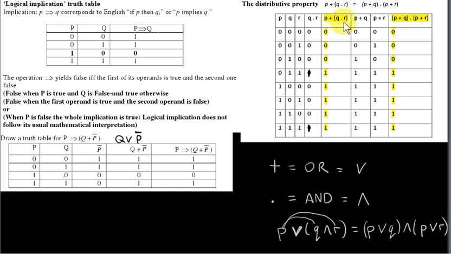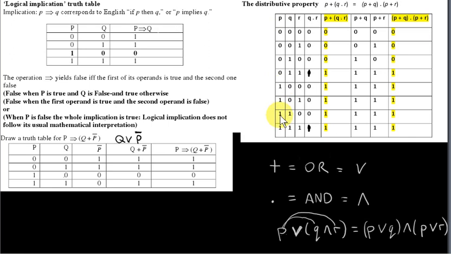Now let's look at P plus Q.R, which means P or (Q and R). This yields true when at least one of the propositions P and Q.R is true.